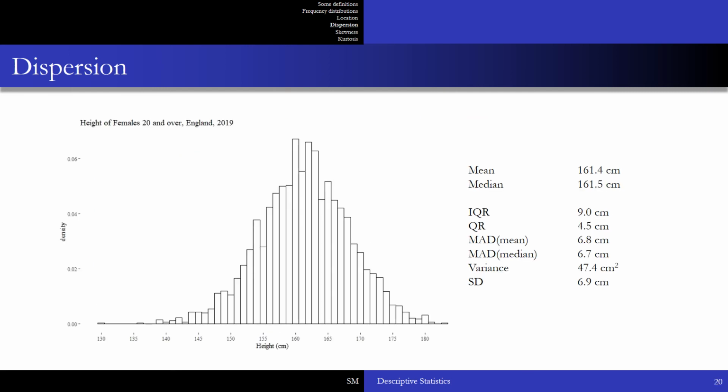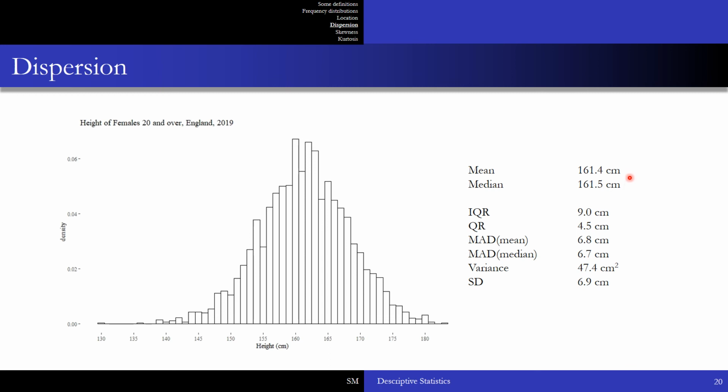Okay, here's another example. In fact, it's one that we've seen before. It concerns the height of females 20 and over in England in 2019. Have a look at the distribution. It looks relatively symmetrical. That implies that the mean and the median are probably going to be quite close together. And if we calculate the mean and the median, we see that that's the case. The mean is 161.4 centimetres, the median 161.5.